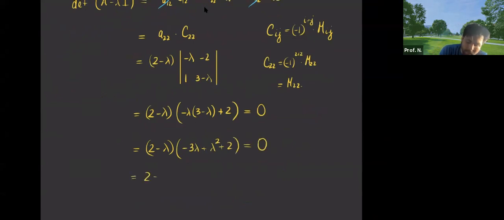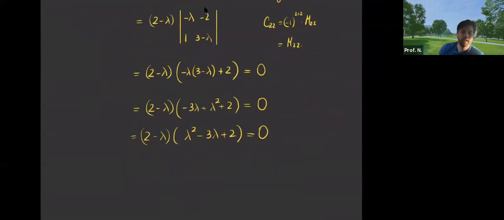Let me fix this up. This becomes lambda squared minus 3 lambda plus 2 equals 0. Can I continue factoring lambda squared minus 3 lambda plus 2? What does that factor into? Anybody?